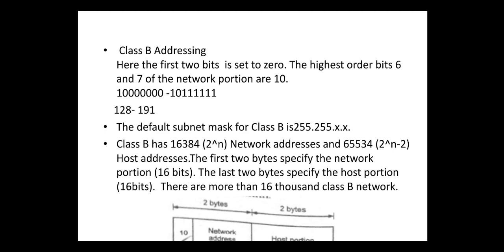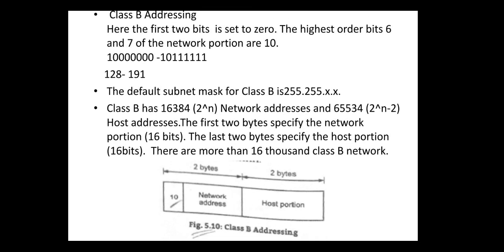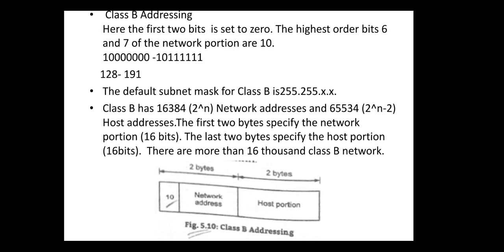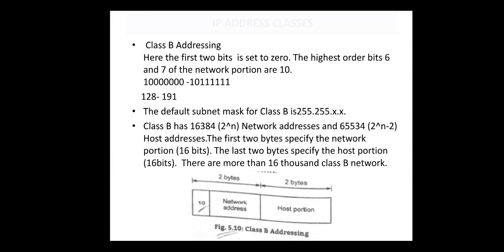So 2 raised to 14 minus 2, that is 16,000. The first 2 bytes specify the network portion and the last 2 bytes specify the host portion. 16,000 class B networks. Check here, 1 and 0, most significant bits, 7th and 6th. Out of this, 2 bytes are the network address.